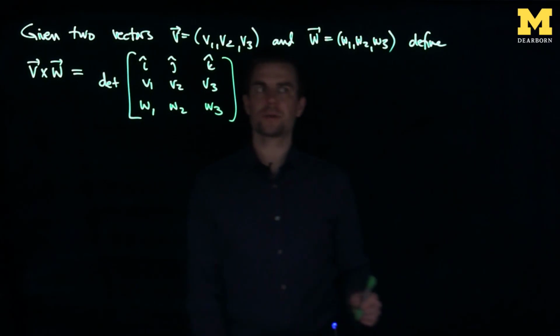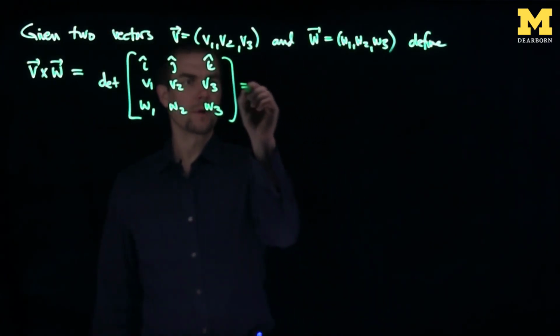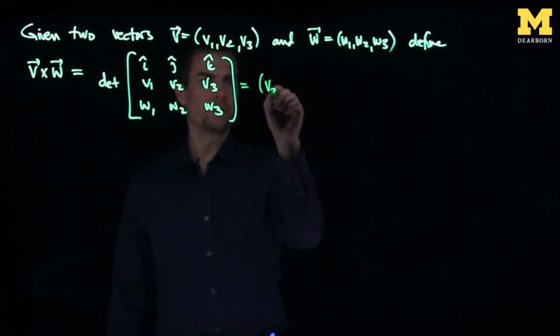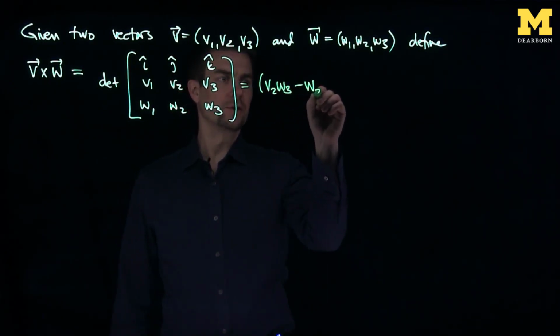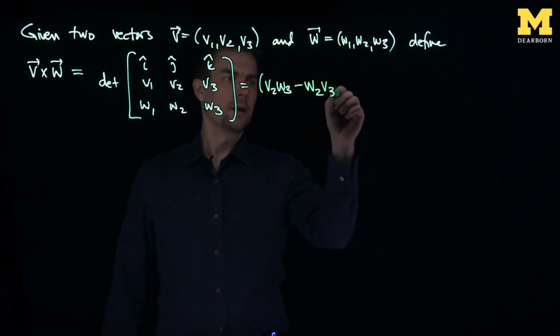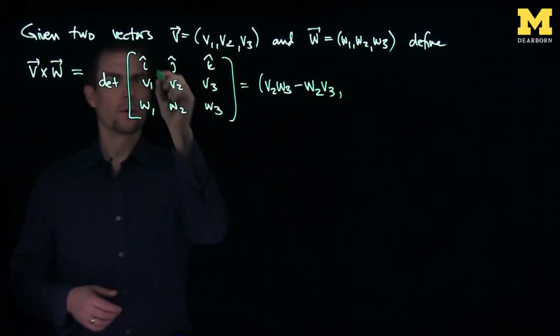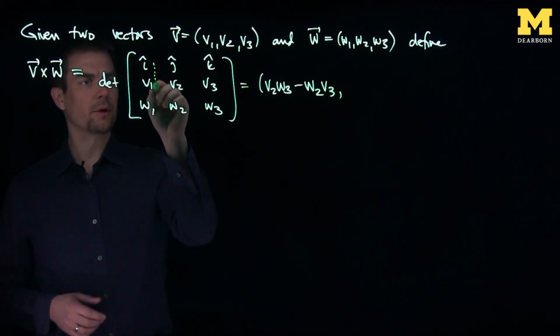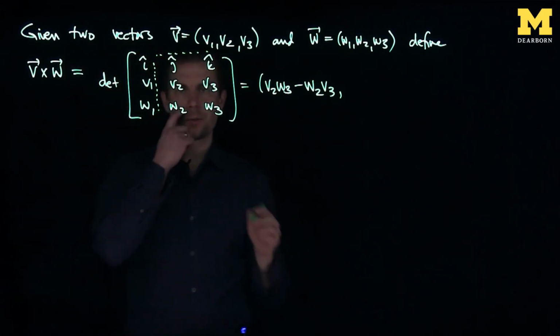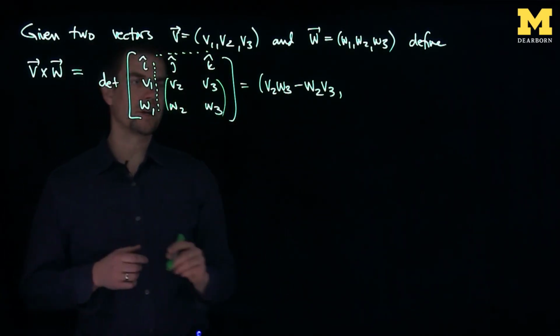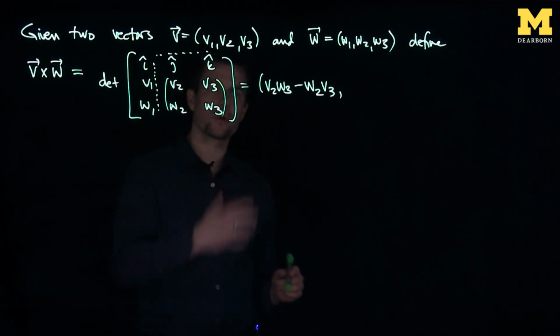And if we expand out this determinant, we'll get the following. We'll get v2 w3 minus w2 v3. And recall, to get the i component, or the x component, we punch out the row and column in which i resides, and we're left with this 2 by 2 subdeterminant, and we compute it to get the coefficient of i.